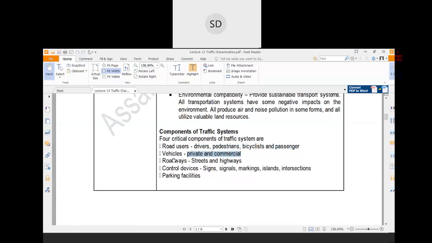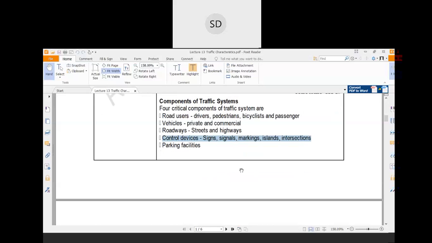Okay, then roadways. Roadways may be local streets or highways. Then control devices, that is signs, signals, markings, islands and intersections, and parking facilities. So these are the components of the traffic system. In the following chapters, we will get to know about all these things. Okay.